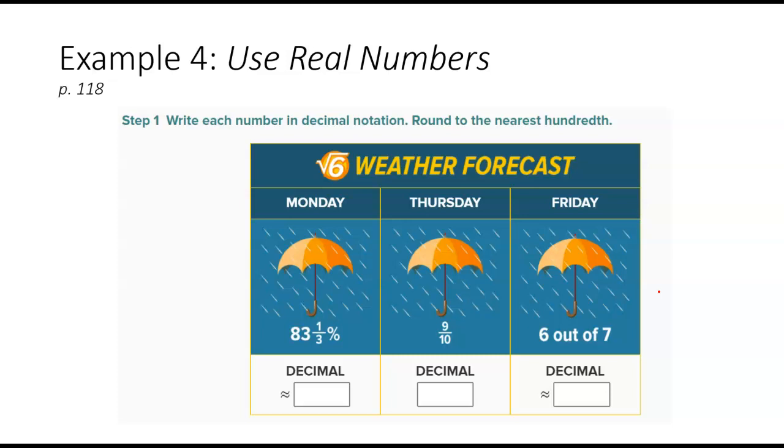So 83 1/3%, and then as a decimal, we'll have to move this 2 places to the left to get 0.833. 9/10 is 0.9, and 6 out of 7, you would just do 6 divided by 7, and you get 0.86 if we round to the nearest hundredth. So that one should be 0.83, and this should be 0.90.